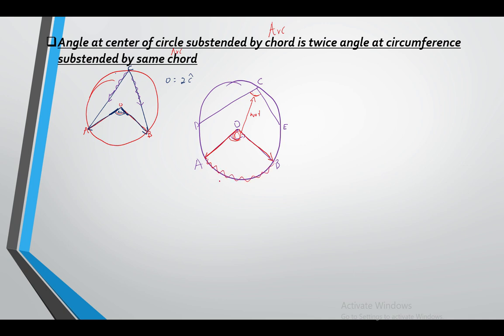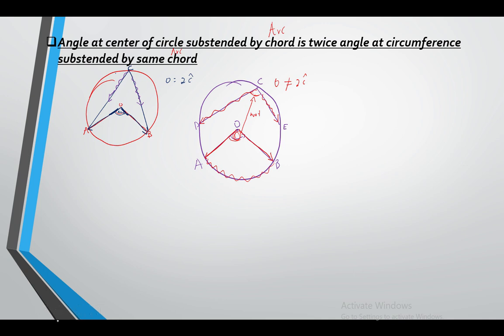So you look at angle C. Angle C, yes, is at the circumference, but it's subtended by D, E. So in this case, O is not twice C. For the angle at the center to be twice the one at the circumference, the angle at the center and the angle at the circumference must be subtended by the same arc, or they must be subtended by the same chord.